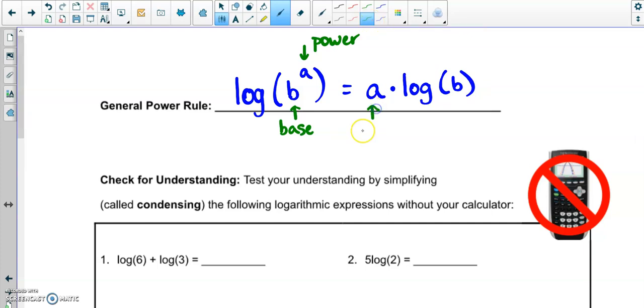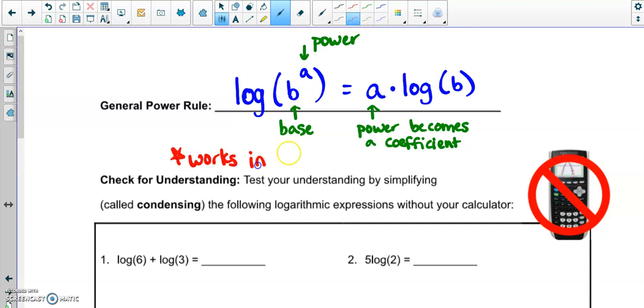So power becomes coefficient. And that works in both directions. What does that mean? That means if you have a coefficient, so you have something like the right-hand side, you can rewrite the number like it is on the left-hand side.